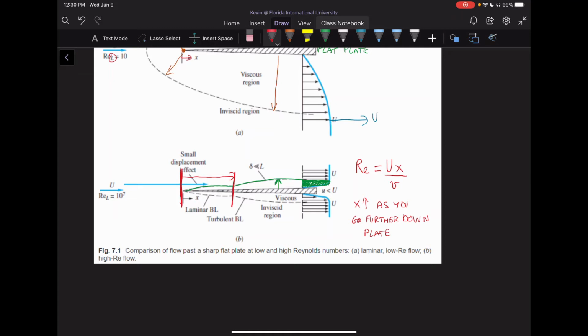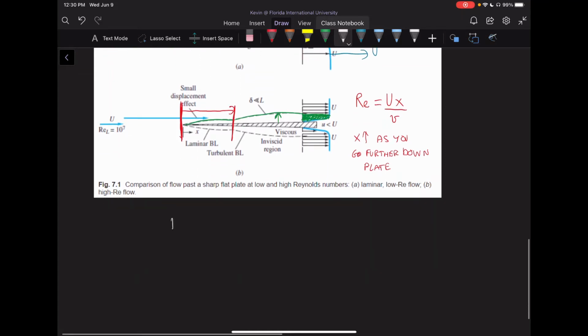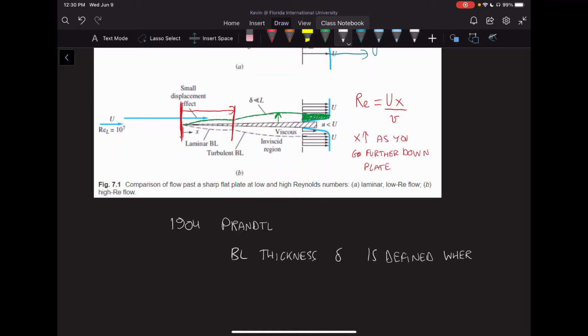Okay, so in 1904, Prandtl, which we've talked about before in the class, said that the boundary layer thickness, and he called it delta, is defined where u, our local velocity, is 99% of the external velocity.